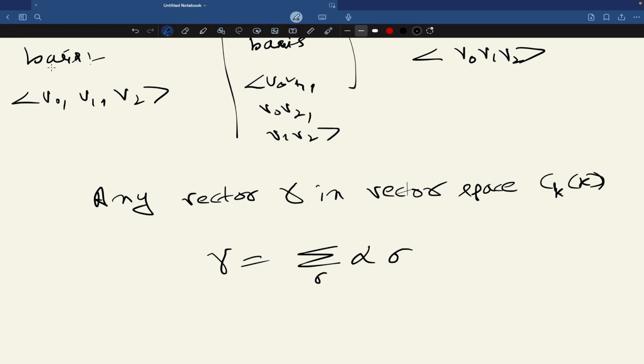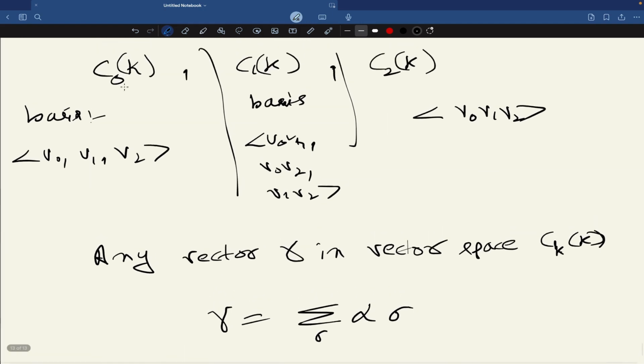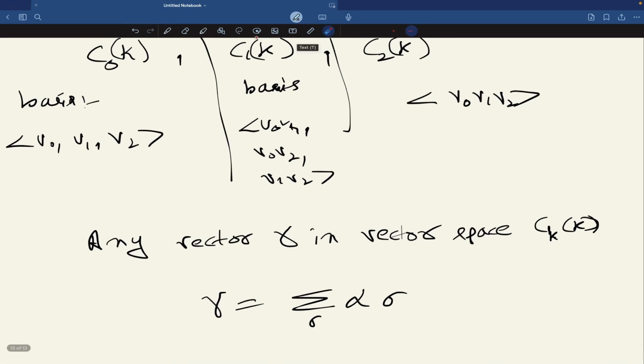One example: for this C0(K), one vector can be v0 plus v1 plus v2, where I have taken coefficient 1 for each base. By taking the linear combination I got this one particular vector gamma. This particular vector in the vector space is also called a chain.